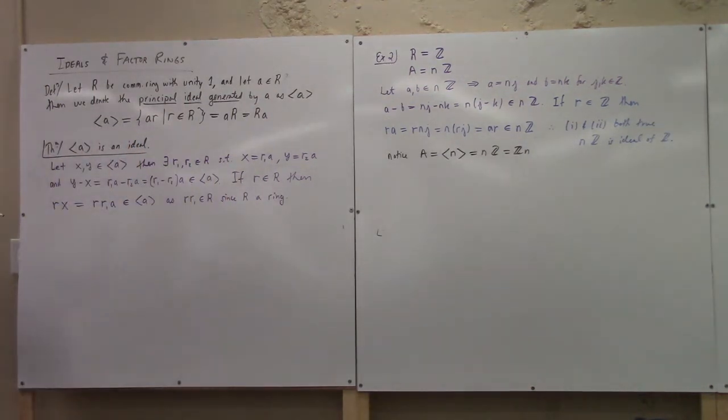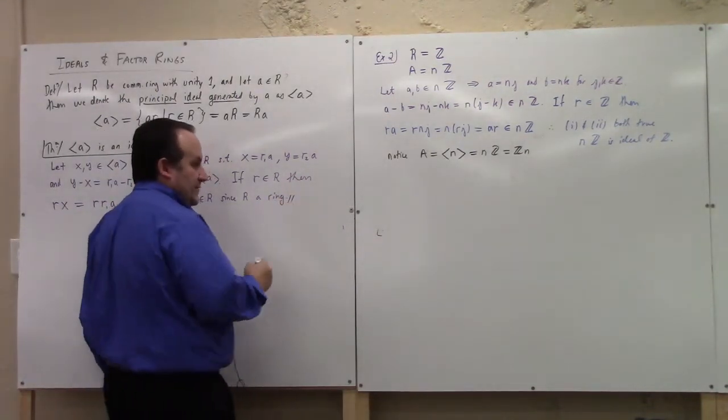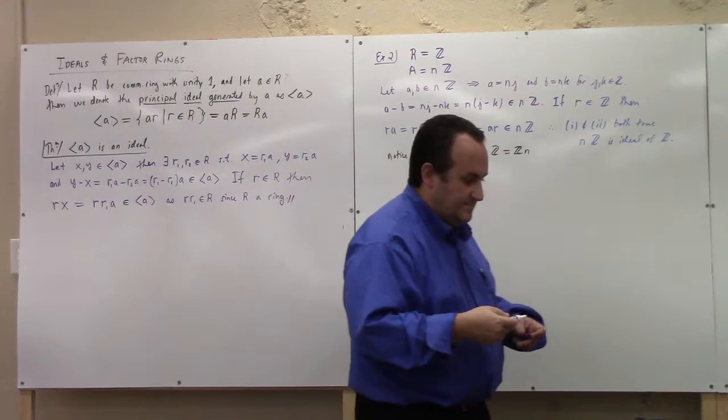So we took an element of the ideal, in this case x, multiplied it by an arbitrary ring element, in this case r, and showed that it's again in the principal ideal generated by a. So indeed, the principal ideal is an ideal, since we have met conditions 1 and 2 of the ideal test.